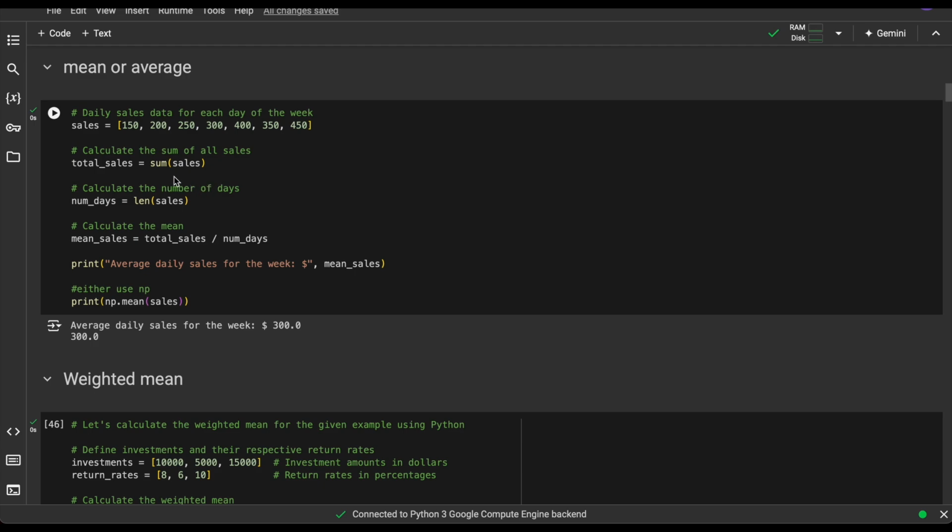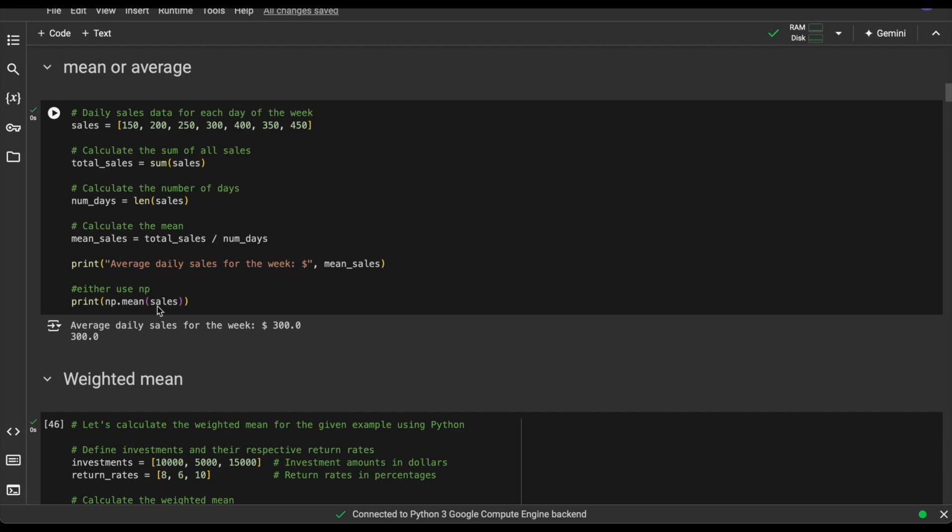Then we calculate the sum of all the sales, then the number of days, and divide the total by the number of days. We get a mean value of 300 rupees.